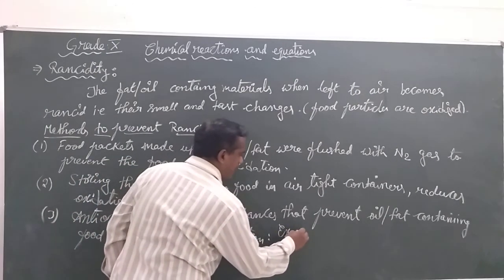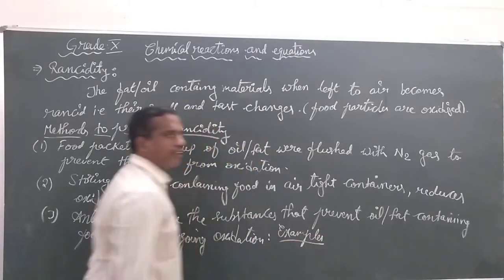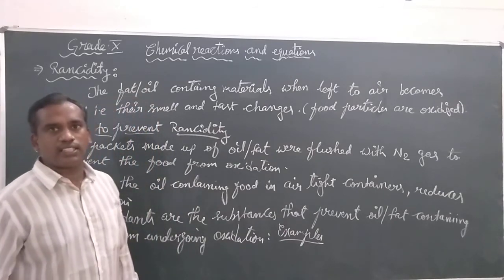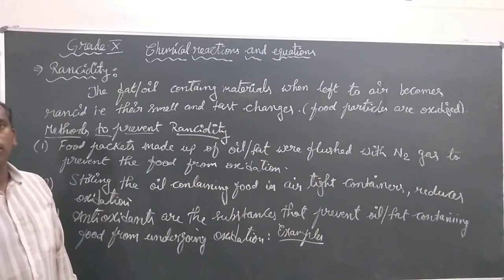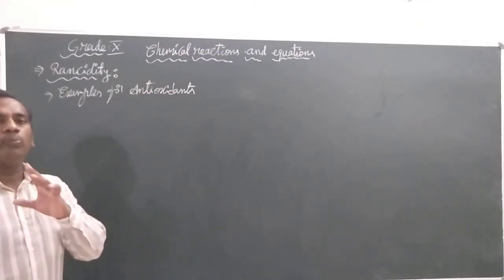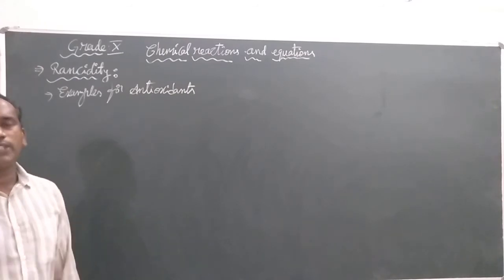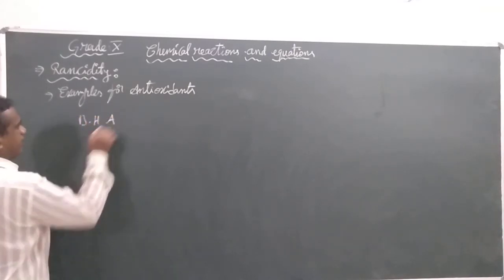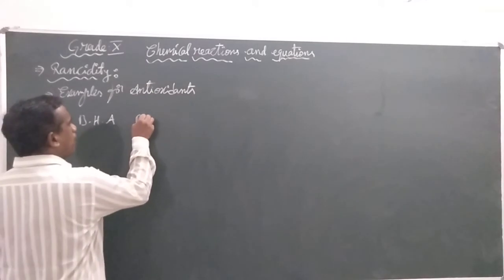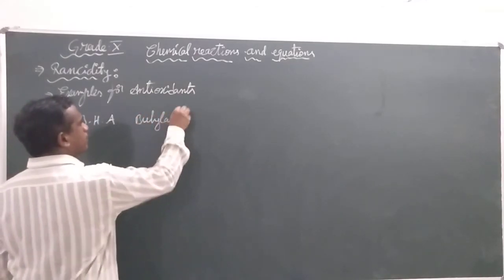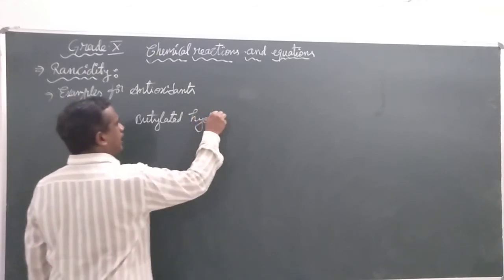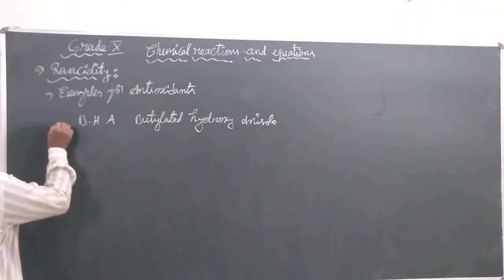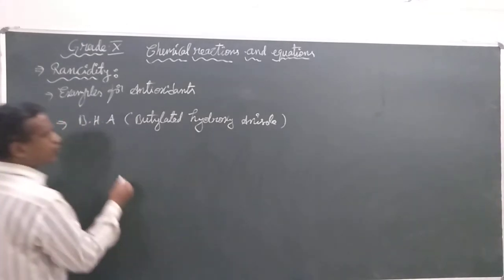Some examples we can take. The names are very important for objective purposes. Let us see the names of the examples. There are two main examples that we come across in objective questions. They are BHA, that is called butylated hydroxy anisole.